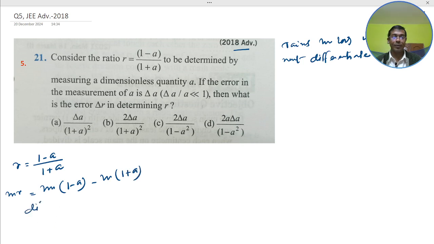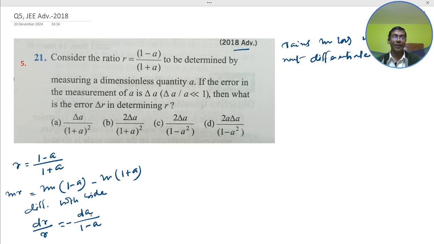Now differentiate both sides. So ln r differentiated gives dr by r. Basically ln x differentiated is 1 by x. So 1 by (1 minus a), and a differentiated gives da with a negative sign coming here.